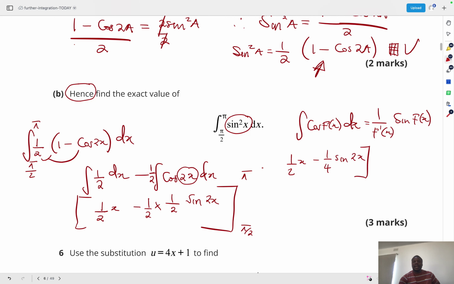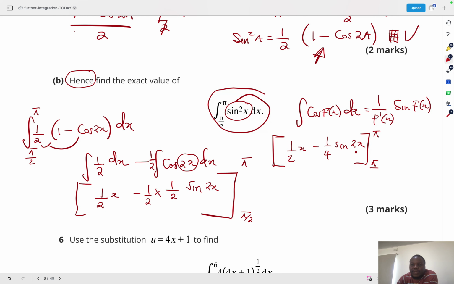And all we are doing now is evaluating these boundaries and seeing what we are going to get. So this is more like we are finding the area that is bounded by this curve of sine squared x. So if we put pi there, we put pi there. So now here what we are just doing is substituting these limits.